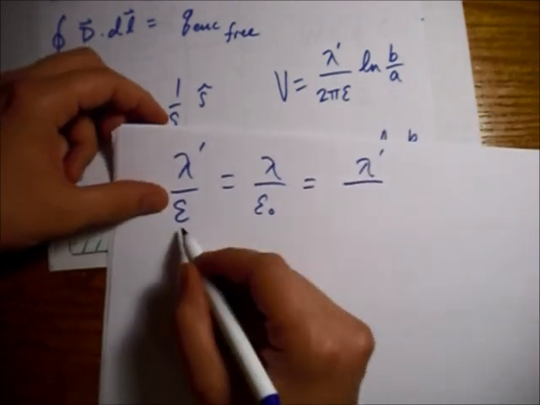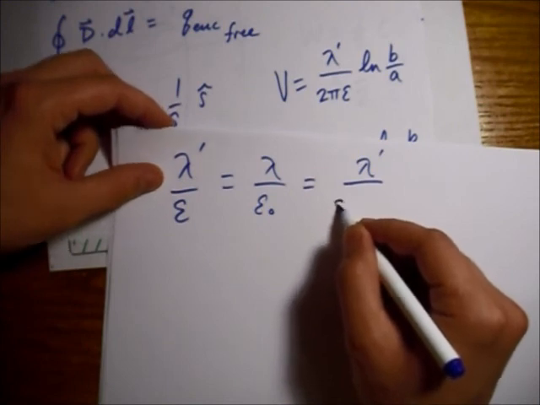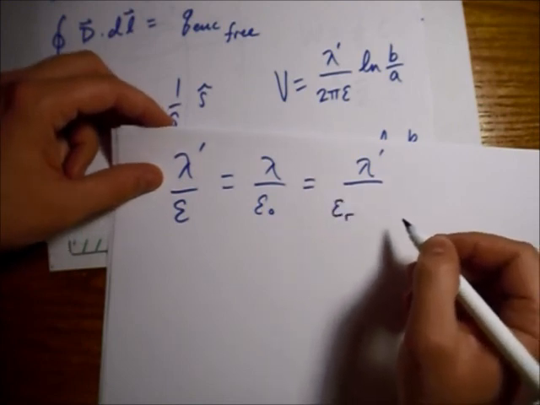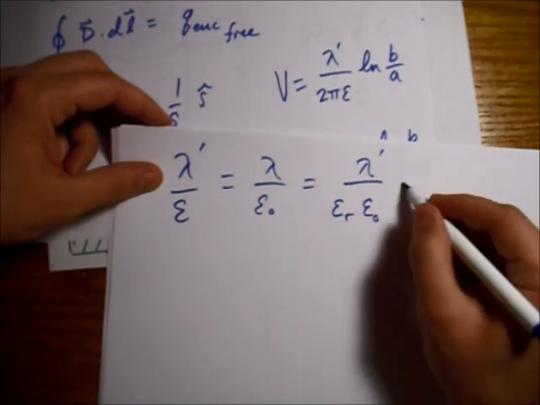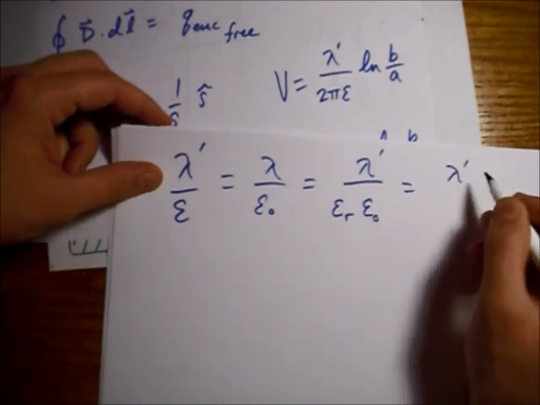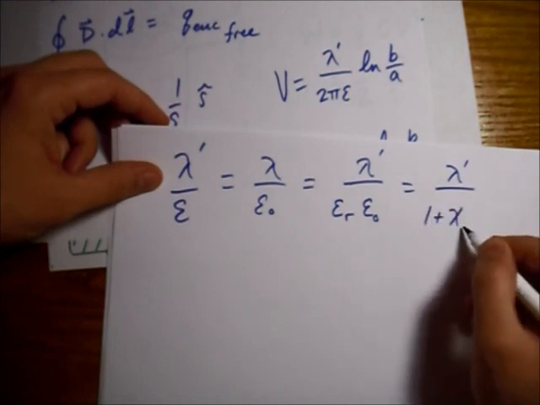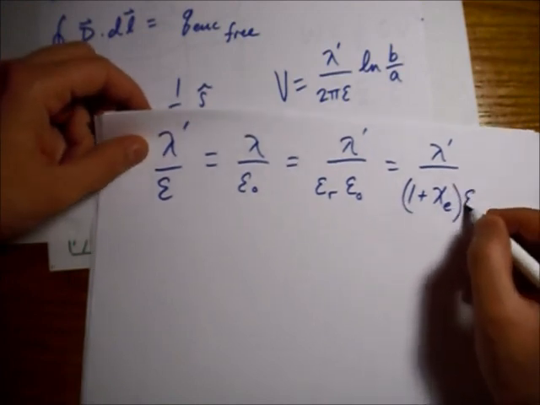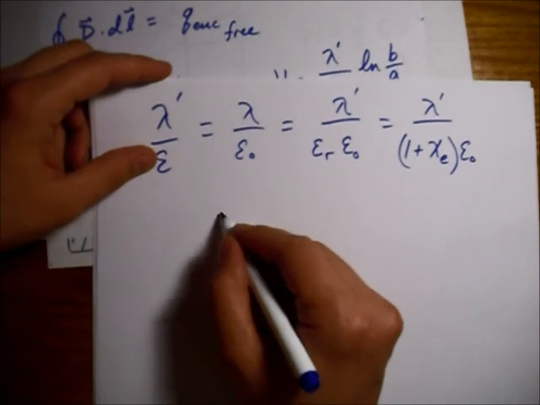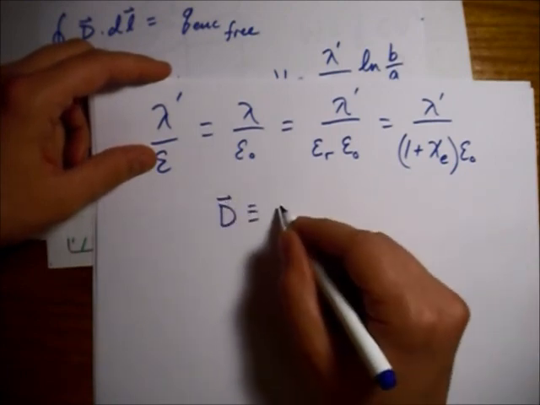This permittivity is equal to a dielectric constant, epsilon sub r, multiplied by the permittivity of free space, which in turn, again, linear dielectric, we have 1 plus the electric susceptibility. Where does this come from? Again, that was from our definition of the electric displacement.